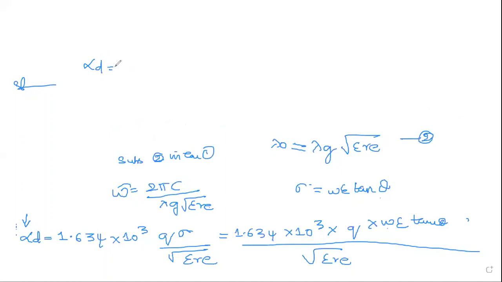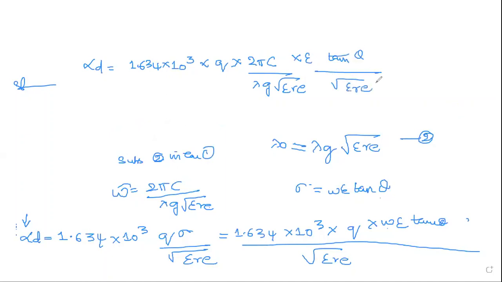So alpha D is equal to 1.634 into 10 to the power 3 into Q. For omega, you write it as 2 pi c divided by lambda g square root of epsilon re, into epsilon tan theta divided by square root of epsilon r. Simplify and tell me what is the answer.